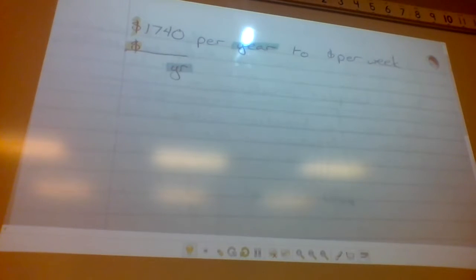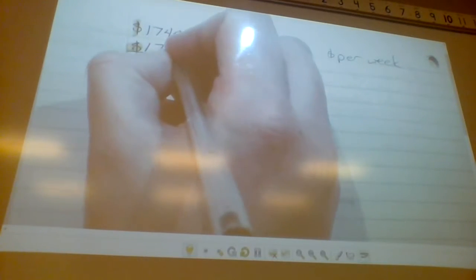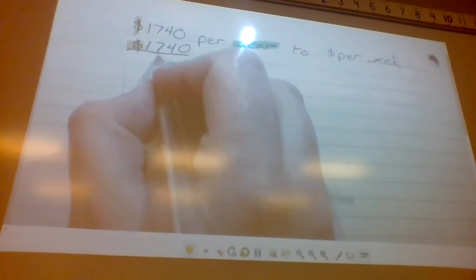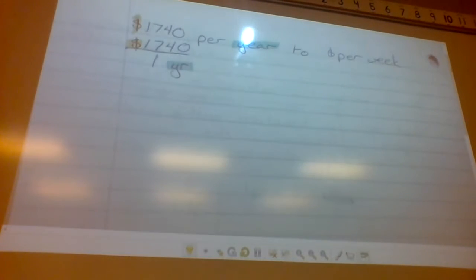Then the next step is to fill it in. Fill in your numbers. What do we know about the dollar amount? We have 1,740 in 1 year. We've been working on that. That one's easy enough. How many labels change?